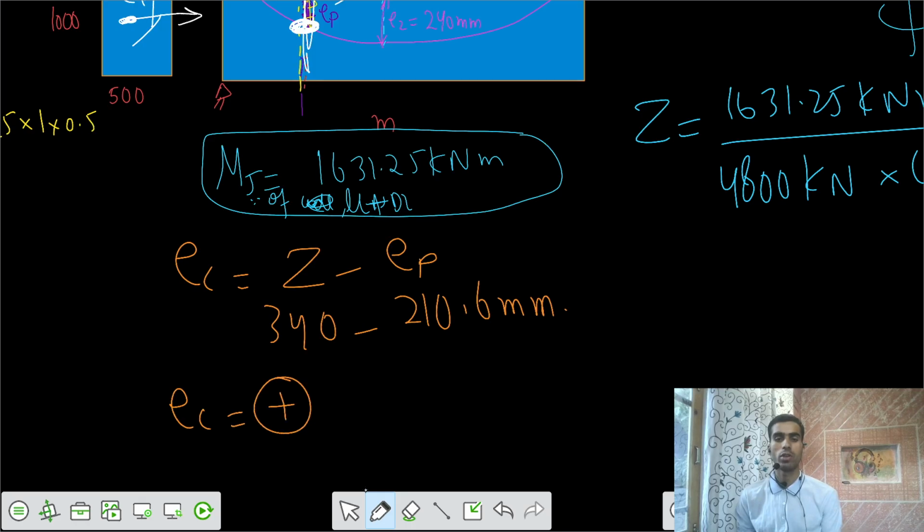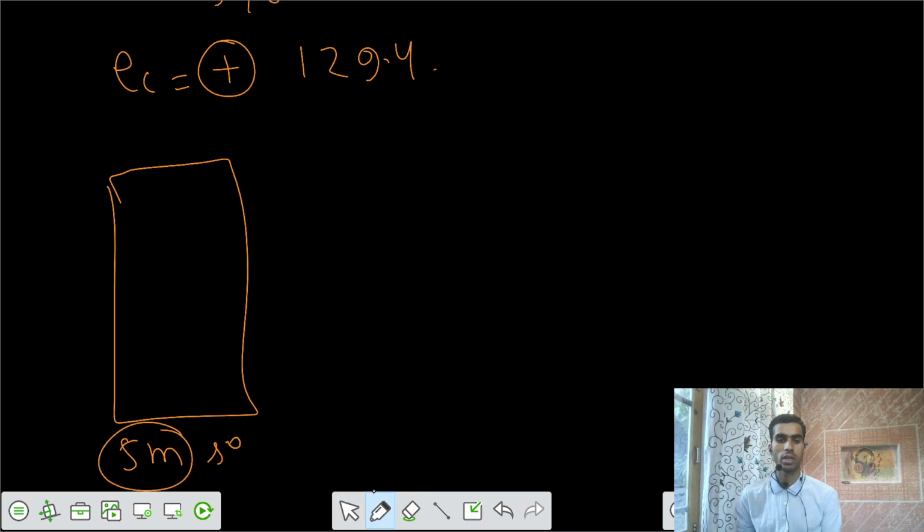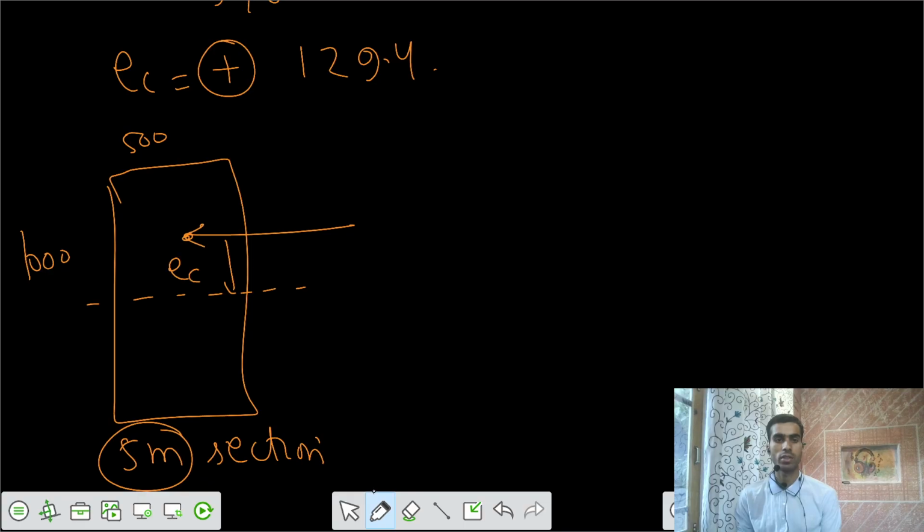So your EC is positive. That means it is above the neutral axis, 129.4. So finally, I can now solve the section at the 5 meter span. This is the 5 meter section having dimensions of 500 and 1000, and the neutral axis is here, and the C force is somewhere here at some eccentricity of EC.